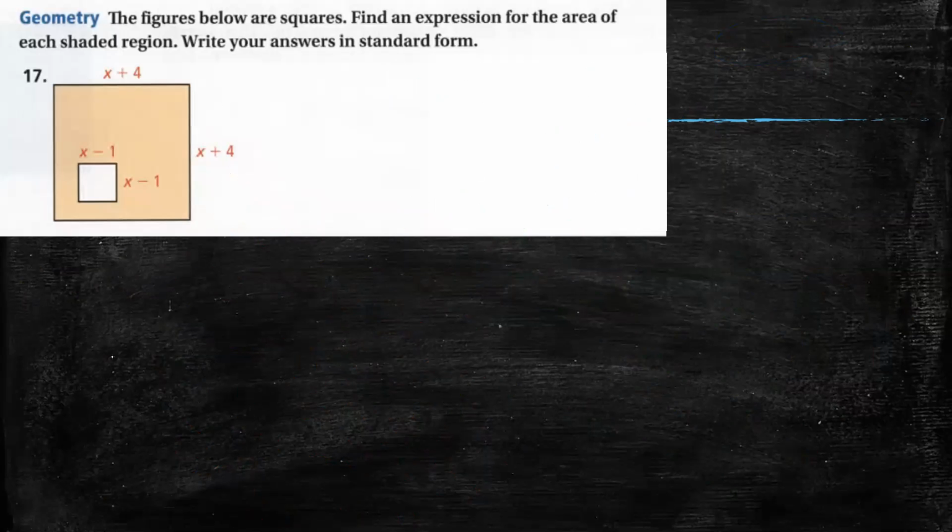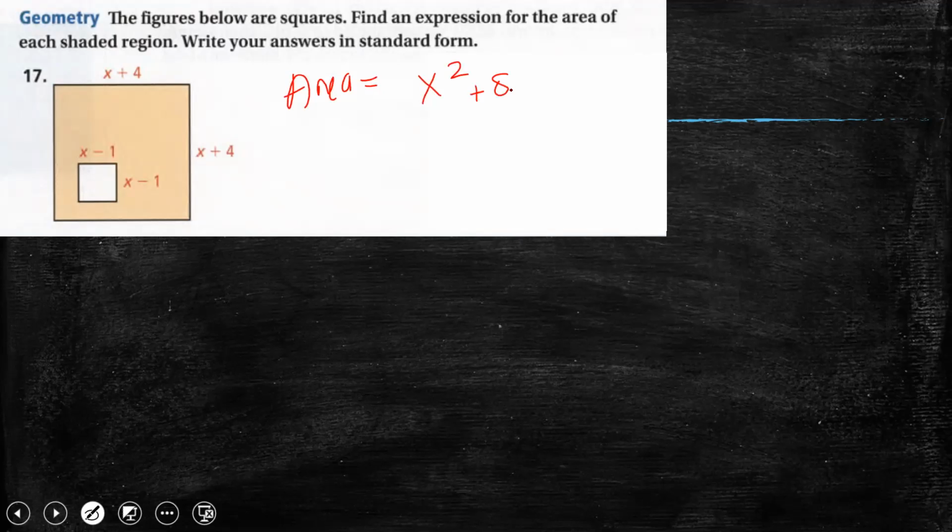Now, we said that the area of the big square was x squared plus 8x plus 16. And the area of the smaller square was x squared minus 2x plus 1.